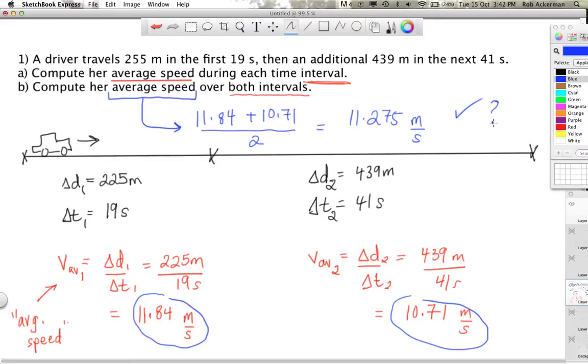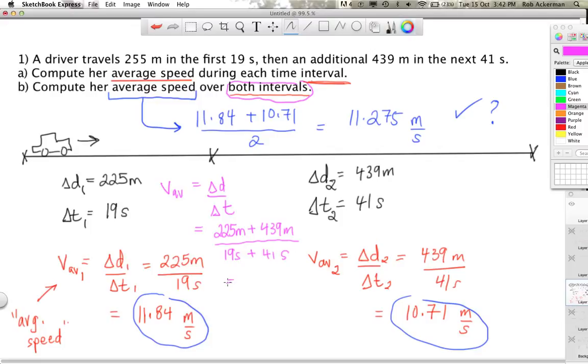Well, I'm going to put a question mark here, and the reason I'm going to do that is because I want you to think about what average speed really means. If average speed is distance over time, if we know that VAV equals distance divided by time, and if they're asking us to compute that over both intervals, let's see what would happen if we just add up both distances, 225 meters plus 439 meters, and we divide that by the time of 19 seconds plus the 41 seconds.